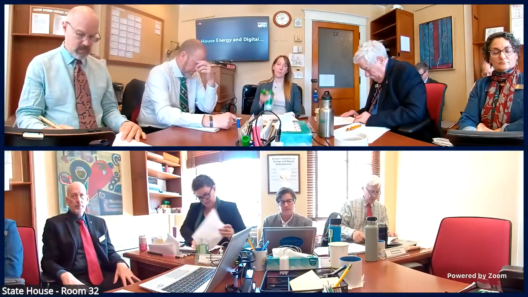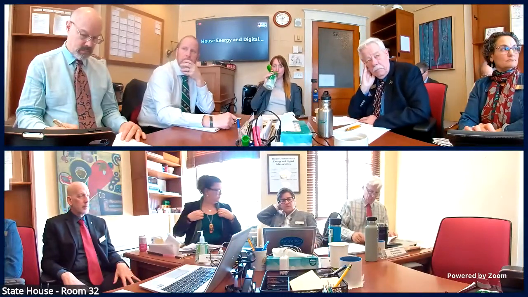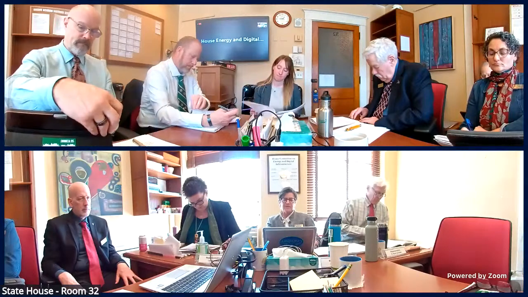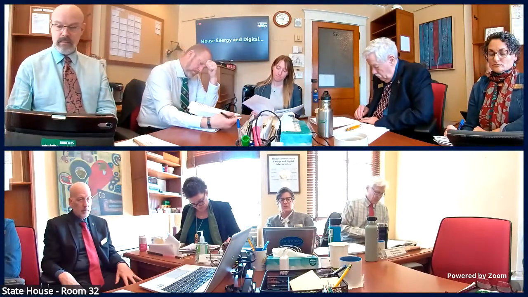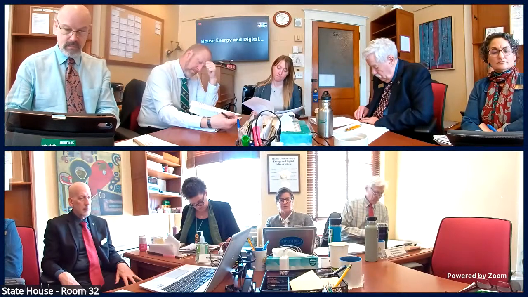Ellen, I want to make sure I understand some of the implications here. I understand the implication, I guess, of going from gross to net zero. It looks like we're striking out the requirement to include emissions that are caused by energy use in Vermont that are nonetheless outside of our state borders.